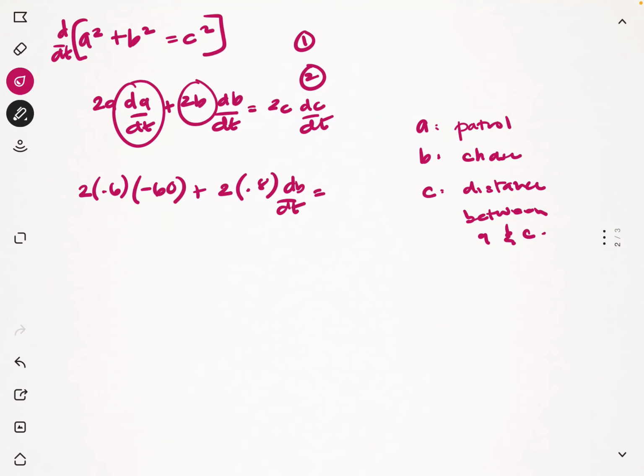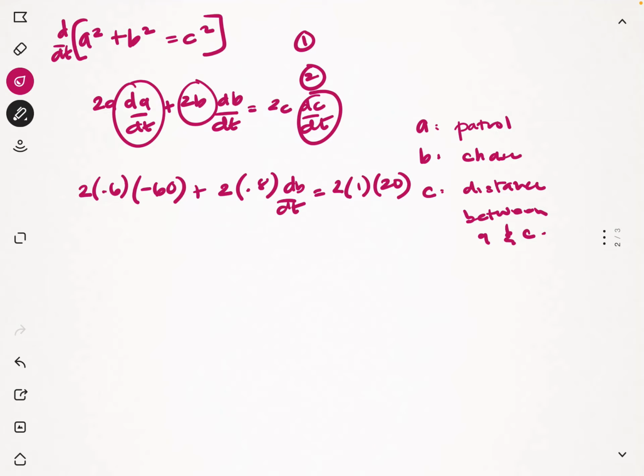And then the last thing is our C. So 2 times the distance between them, which we said was 1 by using the Pythagorean Theorem. And it says that the distance is increasing by 20 miles per hour. So the distance between the two cars, dC/dt, is going to be 20.